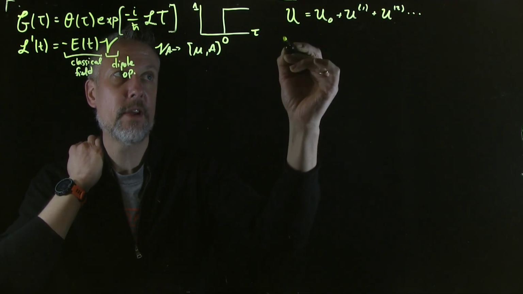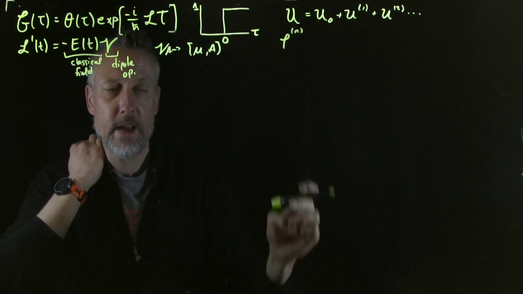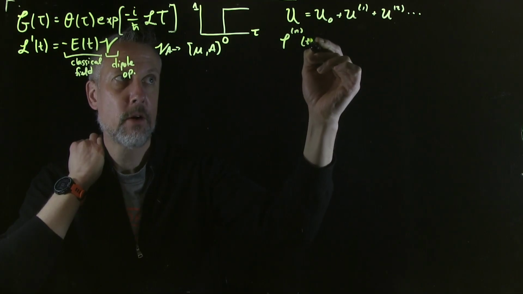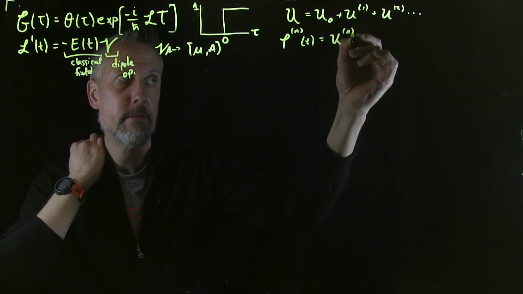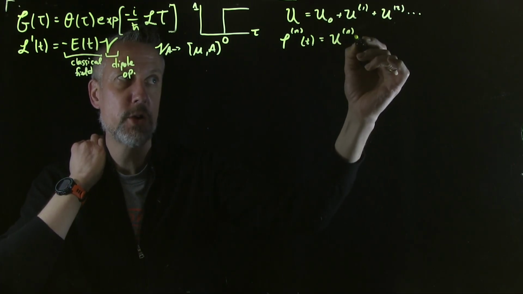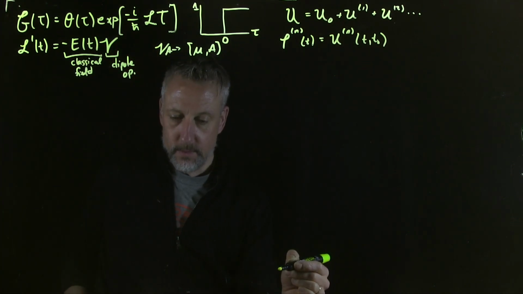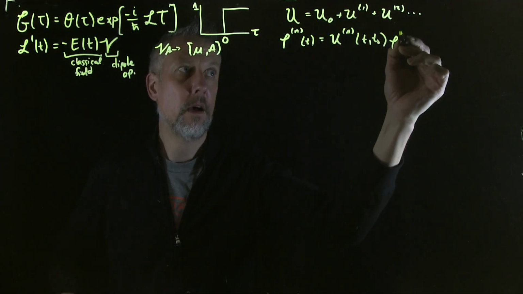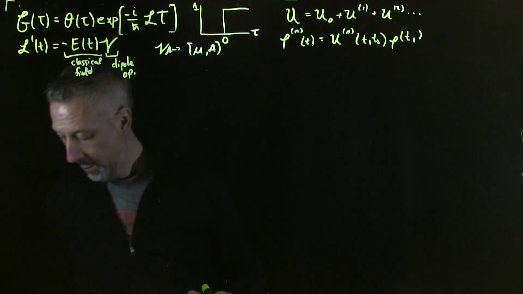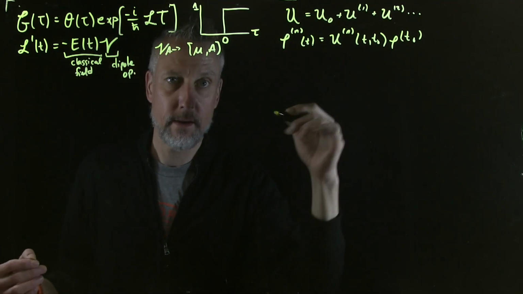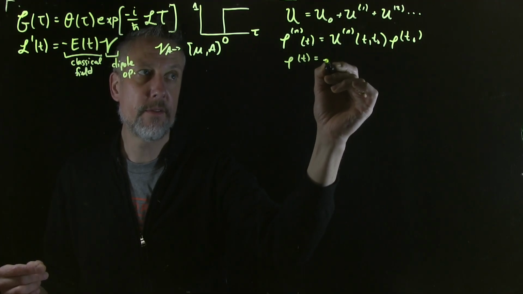So if I imagine, for example, that rho with an n superscript corresponds to the nth term of the time evolution operator expansion, like this, of course operating on the initial state, then I know that the full density operator is just going to be the sum of all of these things.